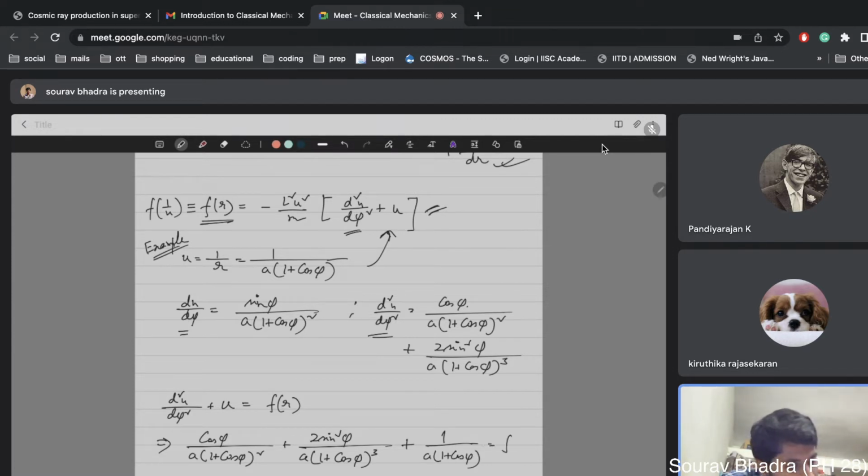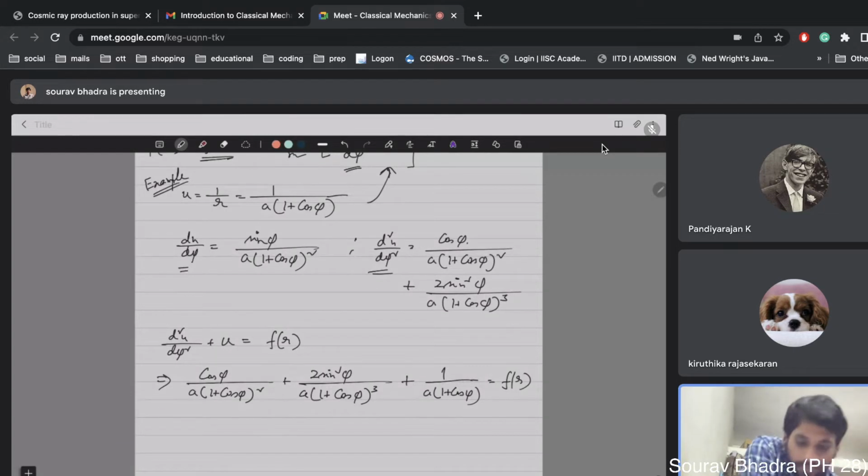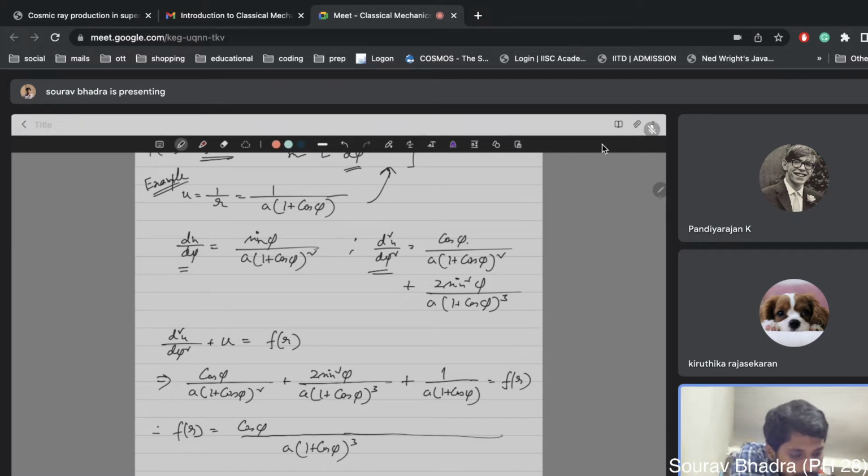Okay, so this is your force f of r. Instead of r you can write u also, that doesn't matter. So if you calculate this expression, your f(r) will have the denominator a (1 plus cos phi) cube, and the numerator cos phi into (1 plus cos phi) plus 2 sin square phi plus (1 plus cos phi) whole square.